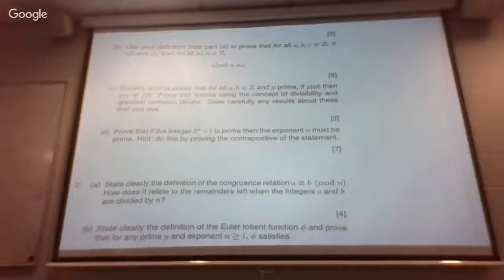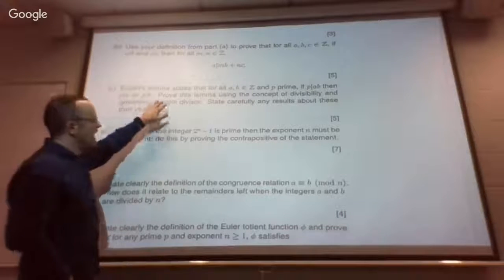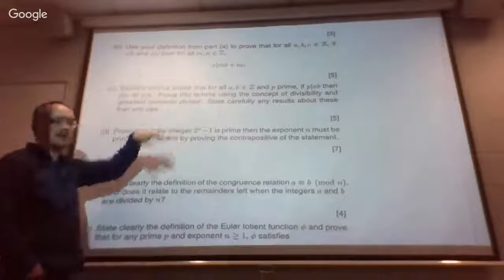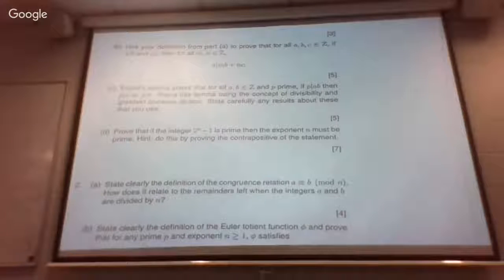It's pointing you towards relying on these concepts, divisibility and greatest common divisor, and you can quote any standard results about those that you want to use in turn to prove Euclid's lemma. So you don't have to prove those, just state them clearly. Just make it very clear that you know what those other results are and how you're applying them. And yet, this could almost be taken as the definition of a prime number.